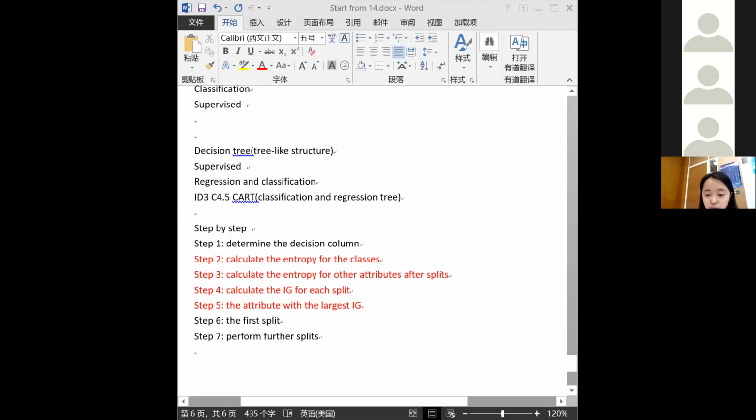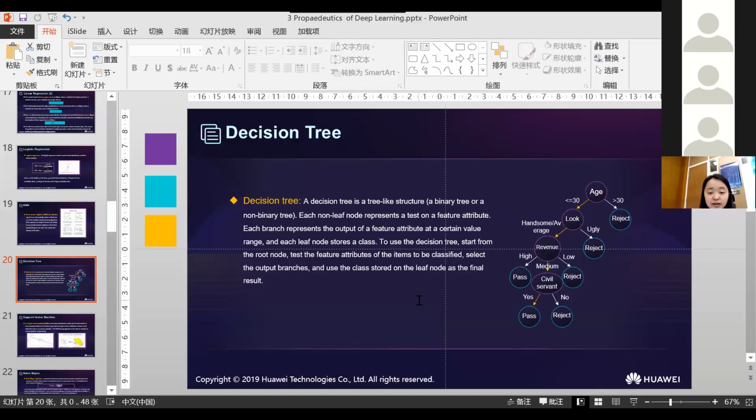We will go back to the slides. The decision tree is a tree-like structure to help us make decisions according to the attributes. First, we need to find some important attributes. That means the attributes that contain most of the information, so we will calculate the information gain after each split and choose the attribute with the largest information gain.